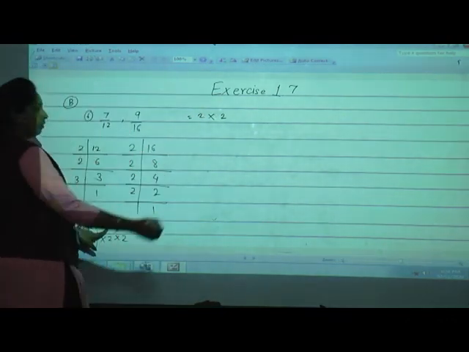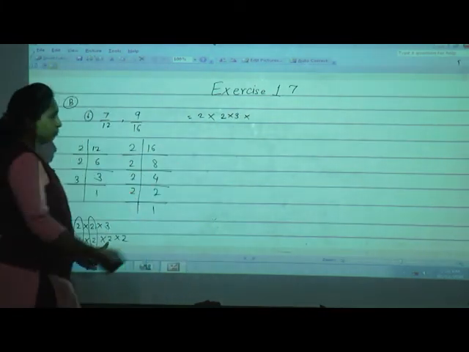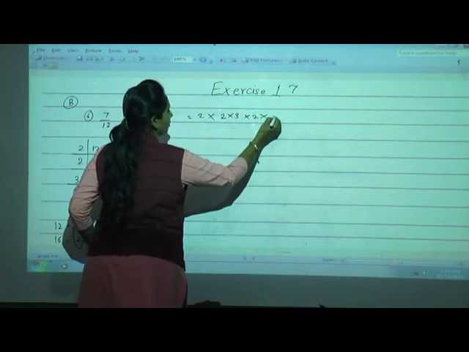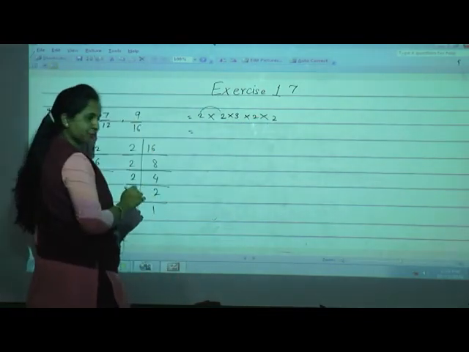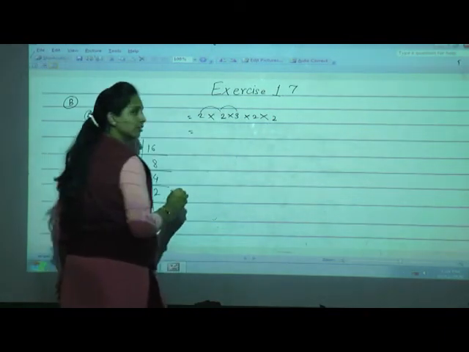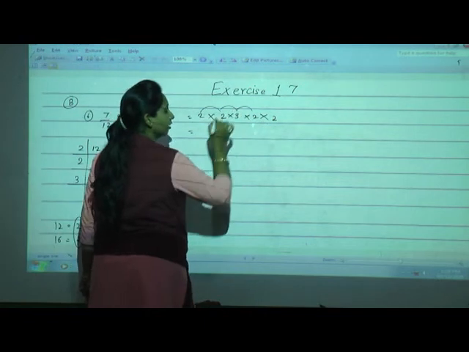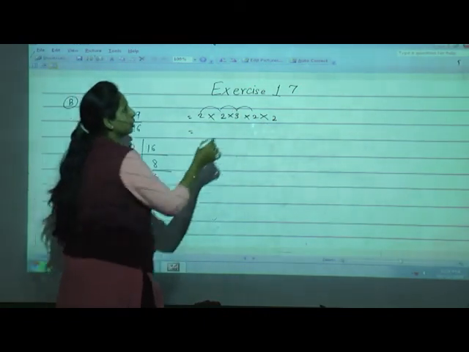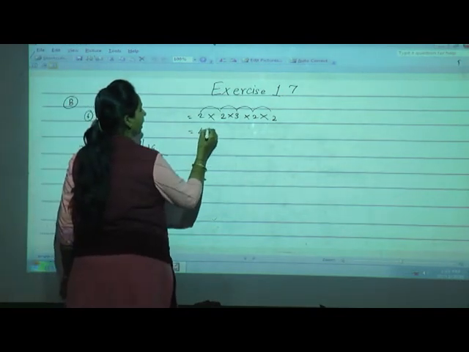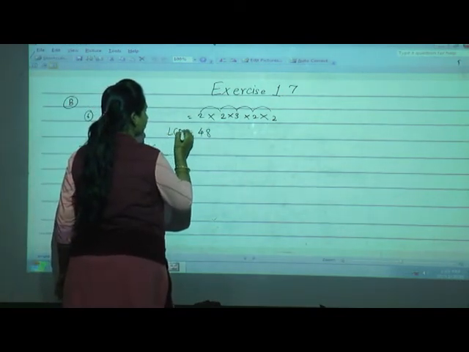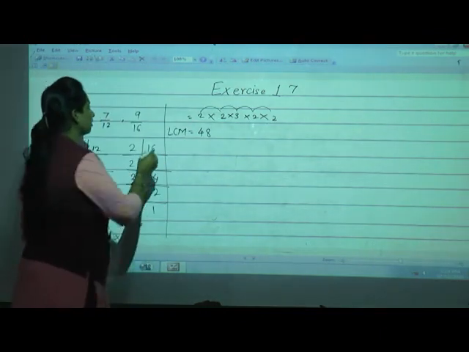And the remaining 3, again multiplied by 2, again multiplied by 2. Now we multiply: 2 2s are 4, 4 3s are 12, 12 2s are 24, 24 2s are 48. What is the LCM? 48, isn't it?